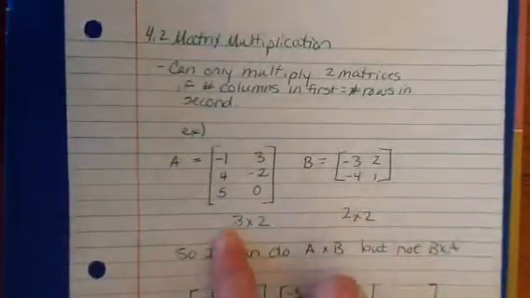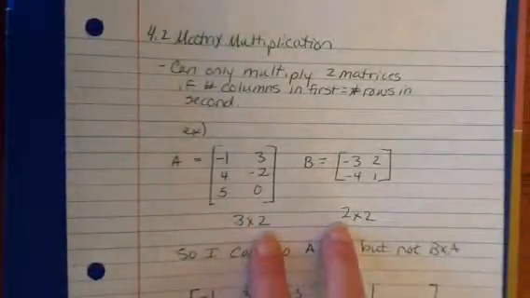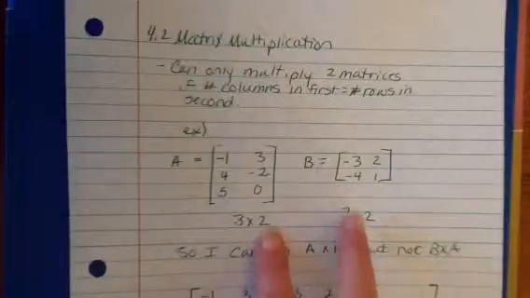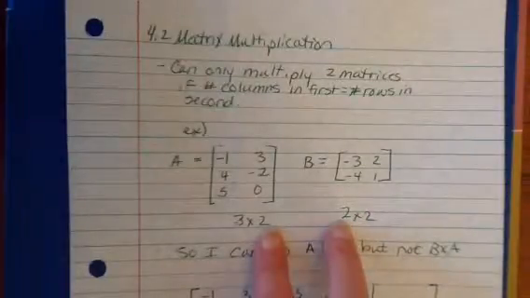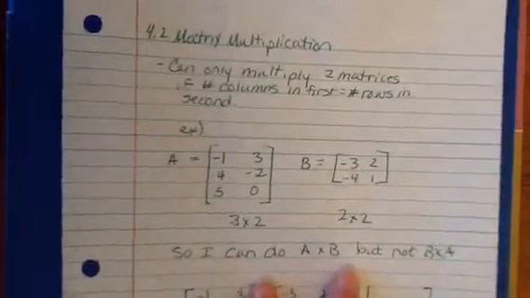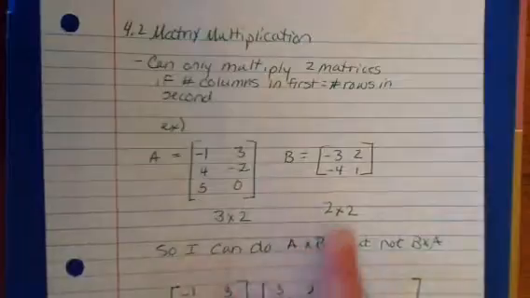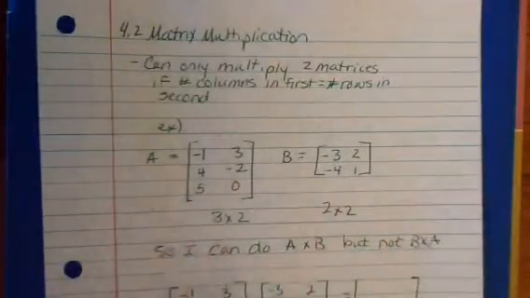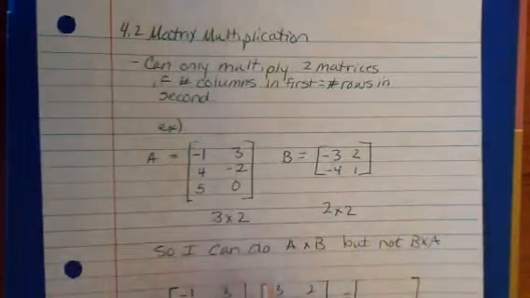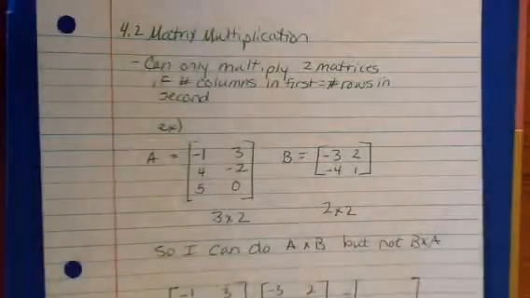I can do A times B because these numbers in the middle are the same, the columns here and the rows here, but I cannot do B times A. So multiplication is not commutative when it comes to matrices. If I were to try and flip these around, I wouldn't have the same number of columns as I do rows in my second number.